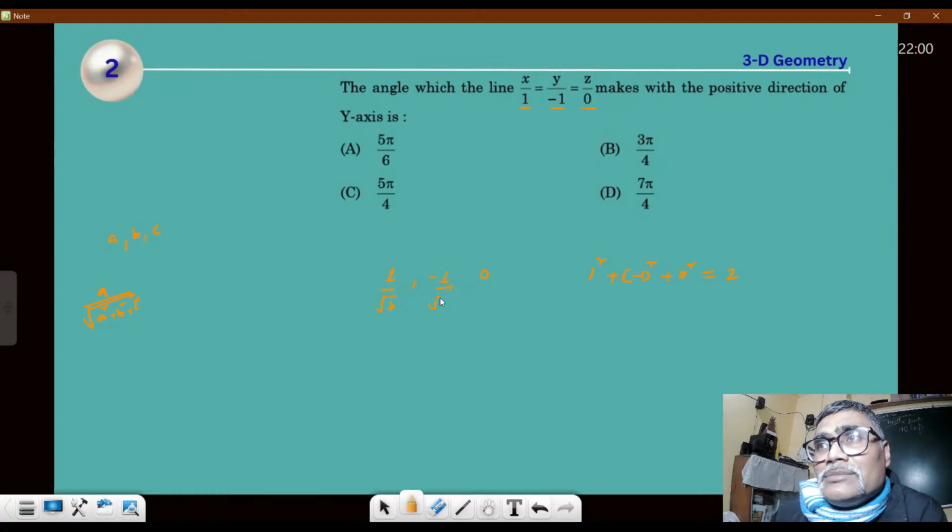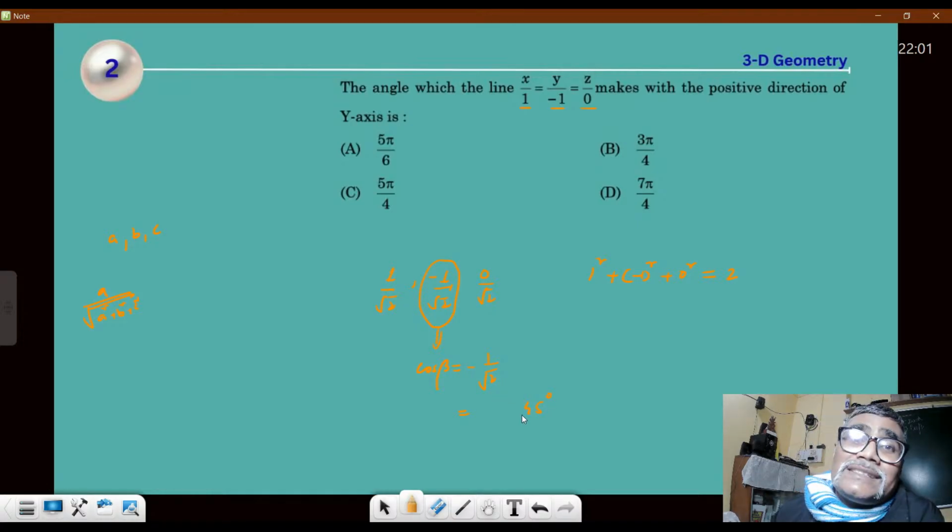Now I made them direction cosines. So this is the direction cosine which is related to the angle made with the y-axis. So actually this is nothing but cos of beta. Cos of beta is -1 by root 2. So -1 by root 2 is in the second quadrant, right? So can you recall cos of 1 by root 2 means 45 degrees?